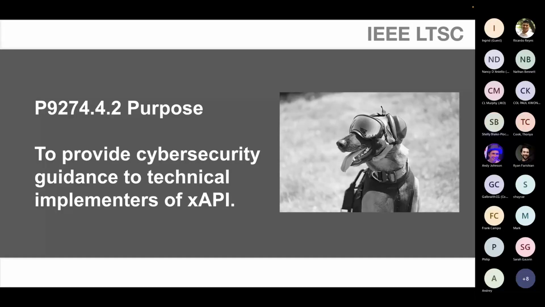The fourth is the bulk of the standard and will provide the information on common issues and common mitigations related to cybersecurity protocol with xAPI, as well as risk management and privacy and personally identifiable information. And then section 5 will describe some use cases.